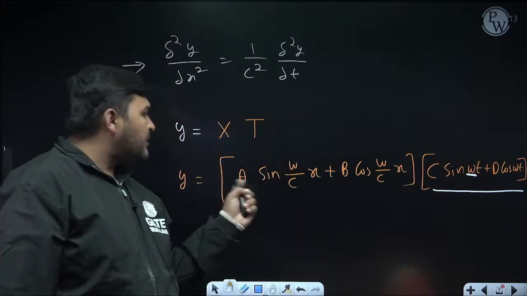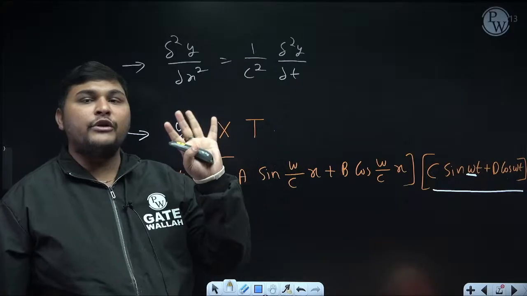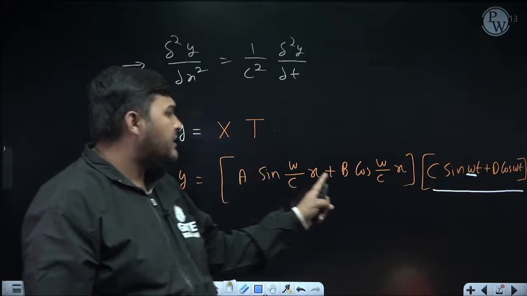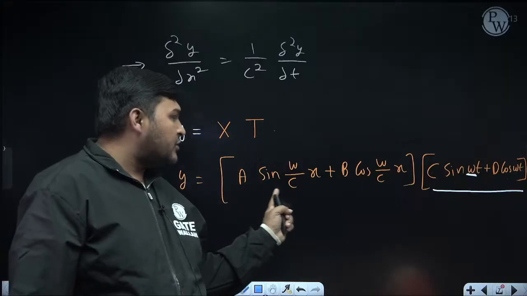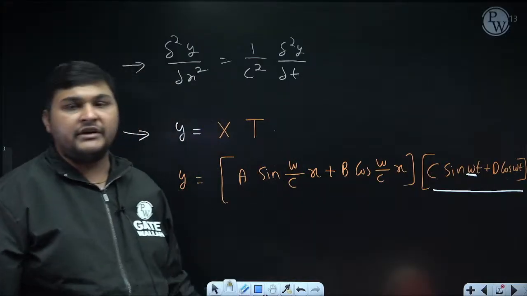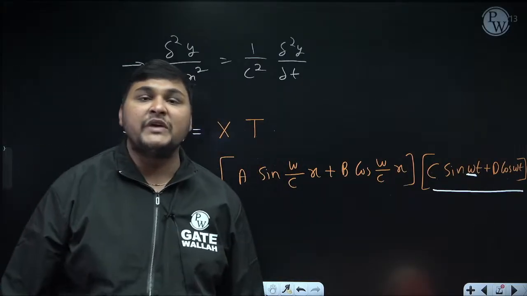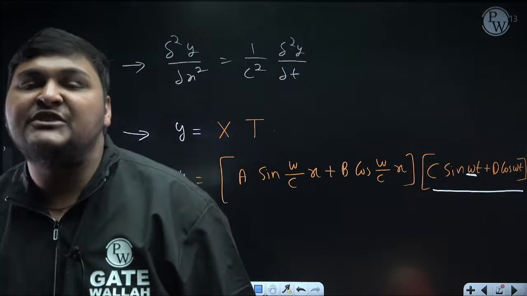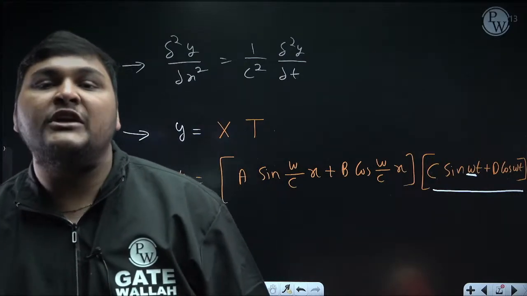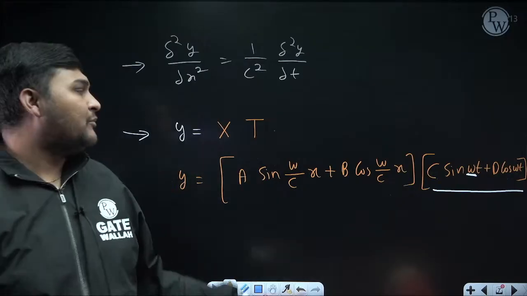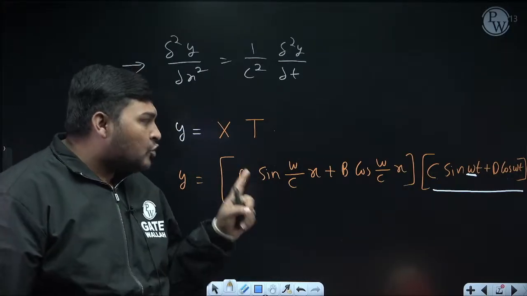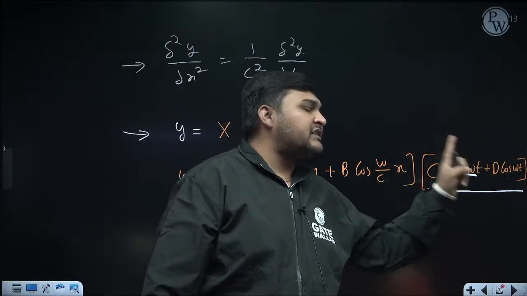if you want to completely solve this equation, at least you require 4 pieces of information, because 4 arbitrary constants are coming. 2 pieces of information you require related to the space coordinate. x is the space coordinate. The information we know as per the space coordinate is known as boundary conditions, and generally that depends upon the end conditions. And 2 pieces of information I require as a time function.